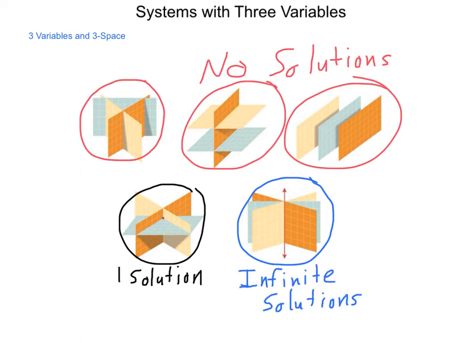We have not done any work with graphing in three-dimensional space, so graphing is not going to be a solution method that we're going to use. Also, we are not working with inequalities here. We are simply going to be solving systems of three-variable equations in order to come up with the solutions that we need. So let's take a look at how we can do this.